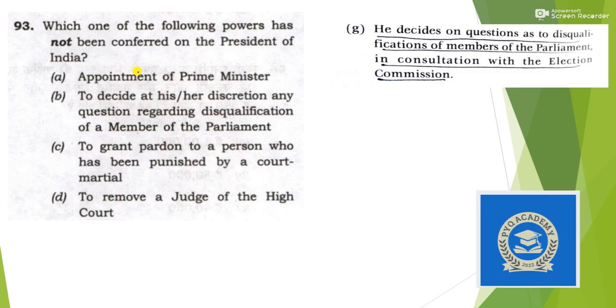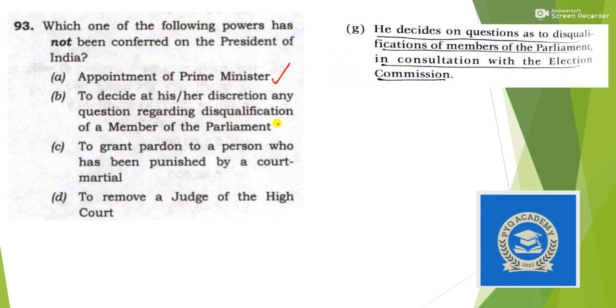Next, which one of the following powers has not been conferred on the President of India? Appointment of Prime Minister, yes, he appoints the Prime Minister as well as other ministers on the recommendation of the Prime Minister. To decide at his or her discretion any question regarding disqualification of a member of parliament?